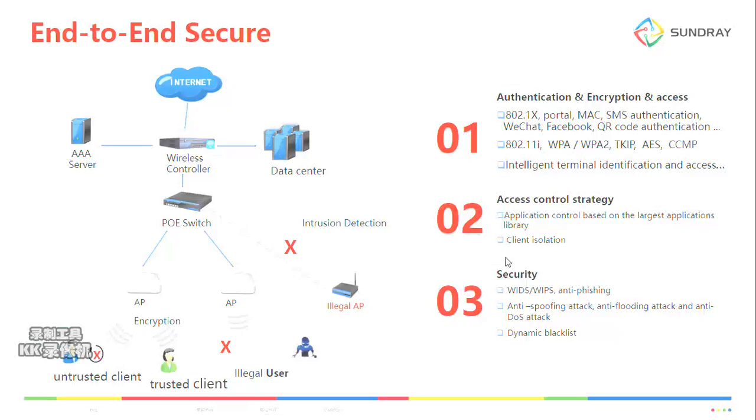And also we can do client isolation. We can isolate the clients on the same access point or in the same VLAN. So even if hackers connect to the network, they cannot connect to the other clients in the network.